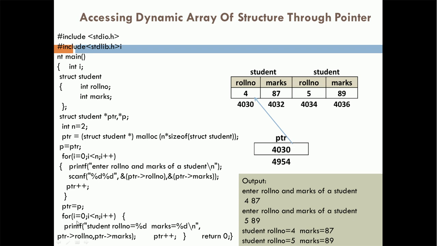And when we come out of the loop, the value of ptr will be 4038. Now we want to access this array's elements using ptr. For that purpose we have to initialize ptr again, that means we have to set the value of ptr at the starting address of the array. So for that purpose we have written ptr equals p.